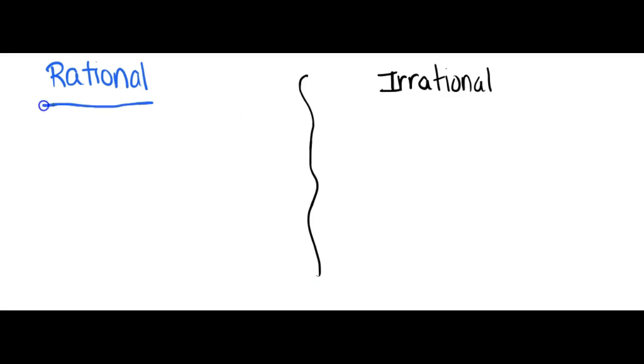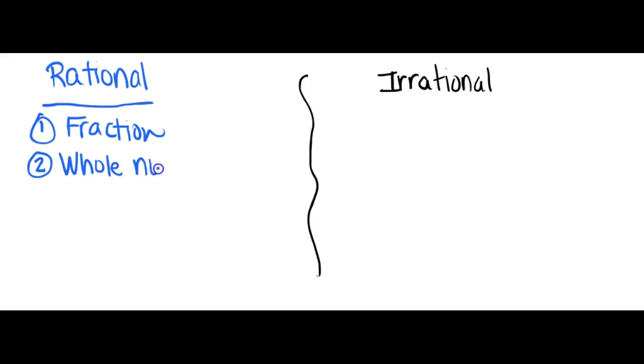One of the first things that you can tell straight off the bat is, is it a fraction? Can it be a fraction? Yes, it is rational. It is a whole number. And sometimes you will see whole numbers, for example, also like a perfect square.